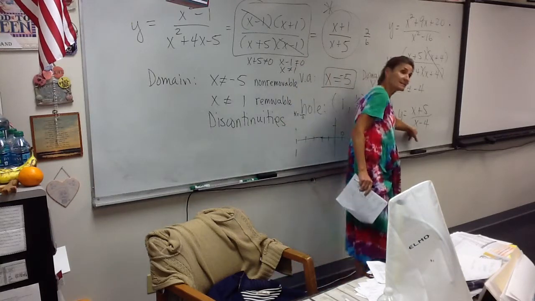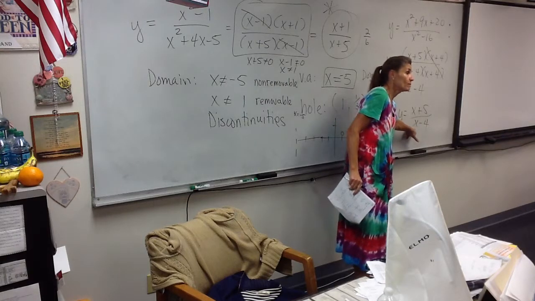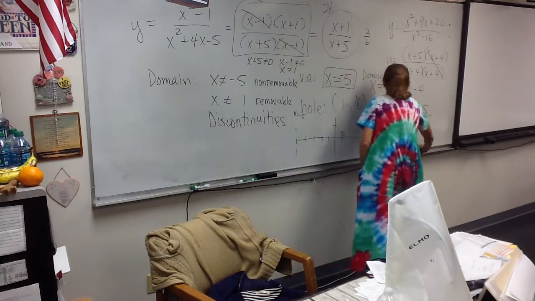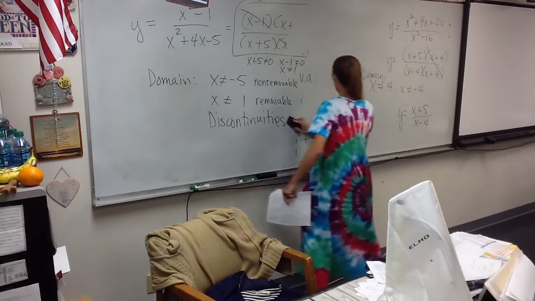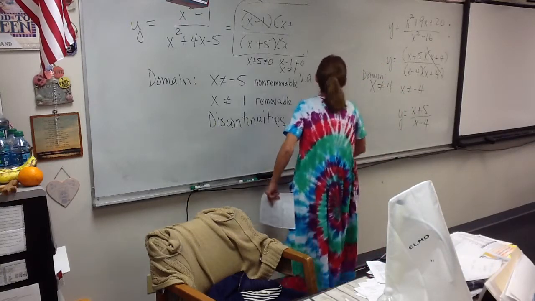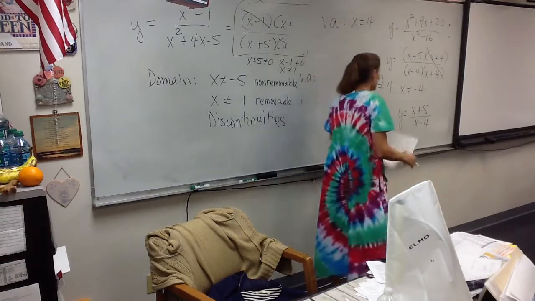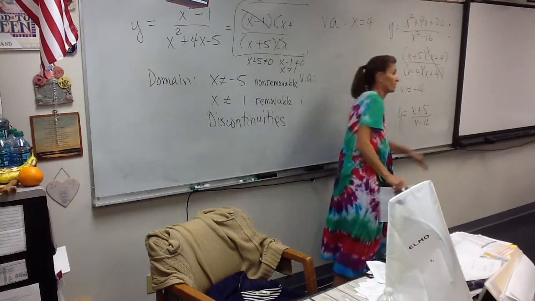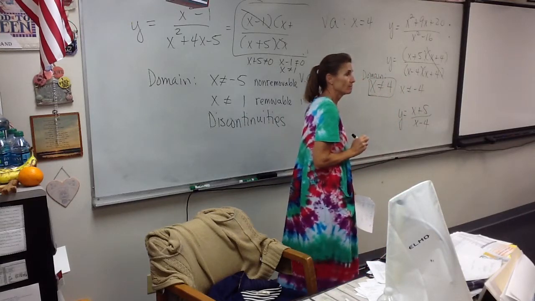One of them x still can't be. X still can't be what? 4. That means there will be a vertical asymptote at x equals 4. So your vertical asymptote is x equals 4. This problem is still there.